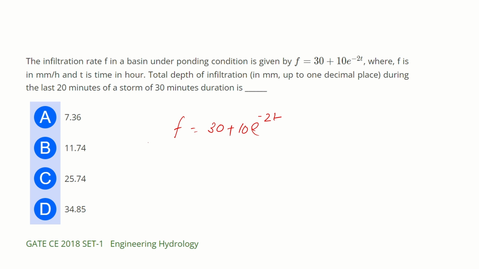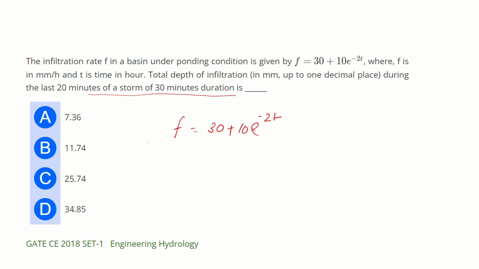What is the question? The total depth of infiltration during last 20 minutes of storm of 30 minutes duration. 30 मिनट का रेनफॉल हुआ है, right? And in last 20 minutes what is the total infiltration that you have to calculate, right?